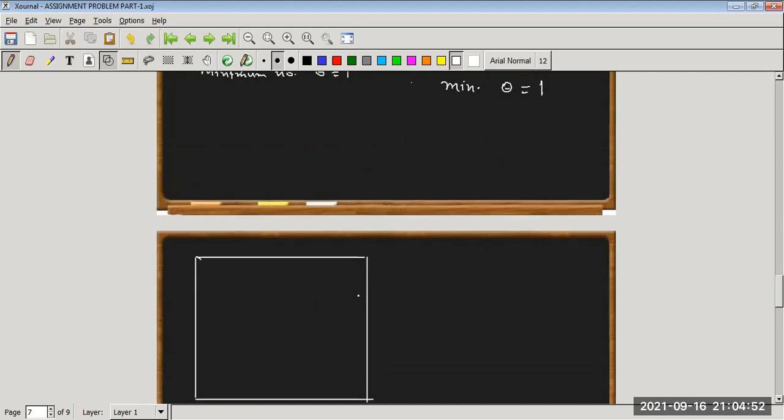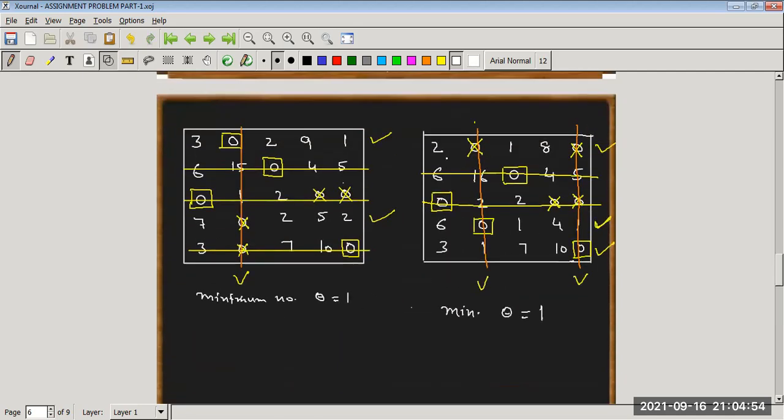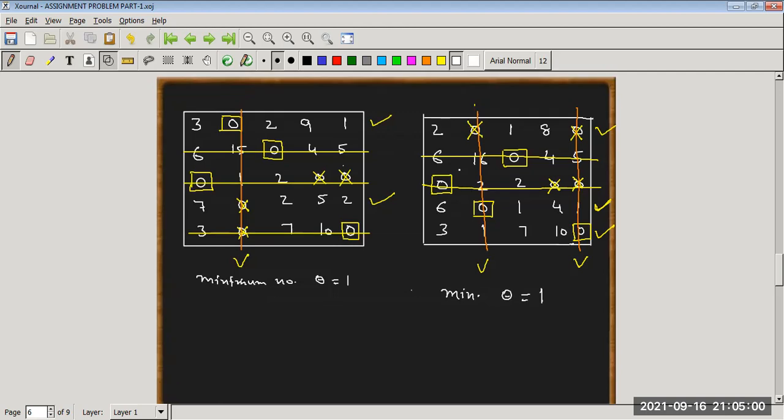So now we subtract 1 from the number where no line is passing through it, and the number remains the same if 1 line is passing through it, and we add 1 if 2 lines are passing through it.